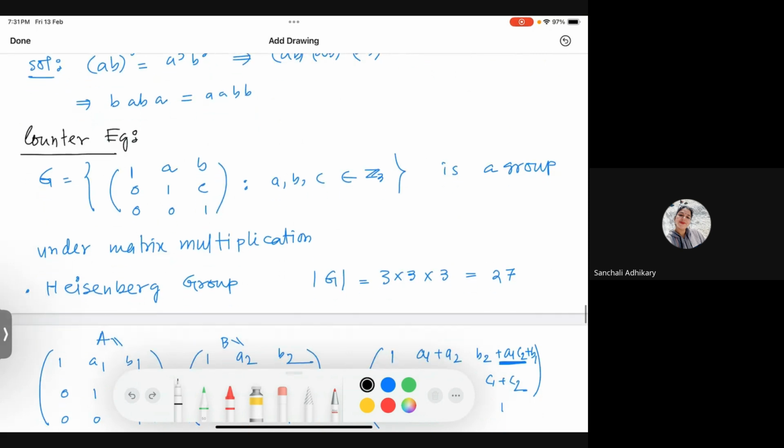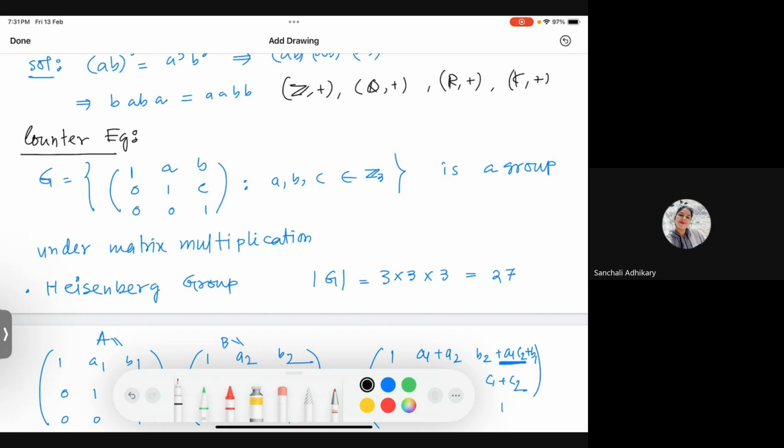So there is a counter example. This is a very good example: the Heisenberg group. Till now, we have learned lots of examples of abelian groups, right? R+, Z+, Q+, C+.